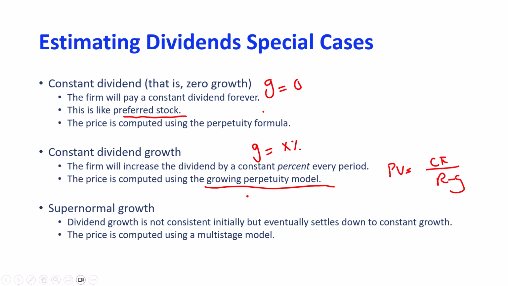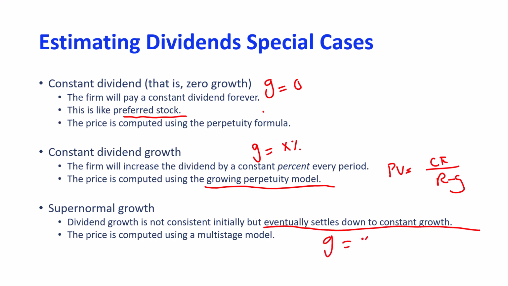And then the last one is the supernormal growth, in which the dividend growth is not consistent initially, meaning that you might have 10, 20, 15% in the beginning, but eventually you're going to end up with a constant growth, like the second case.